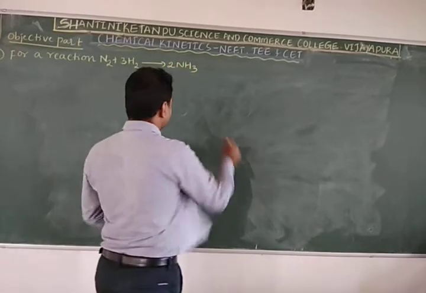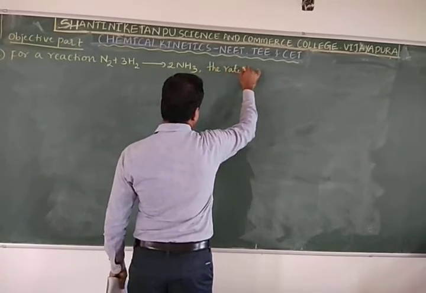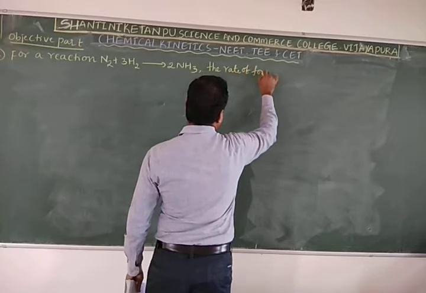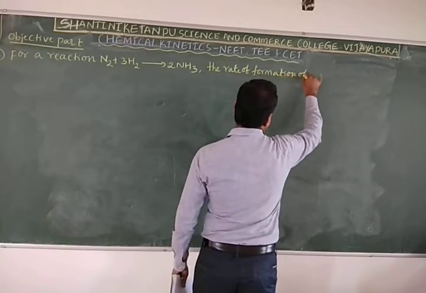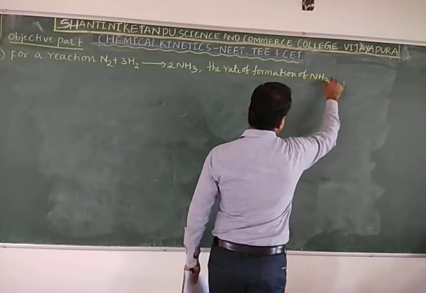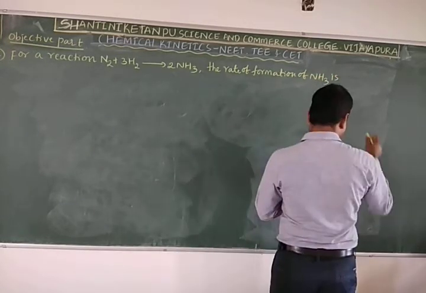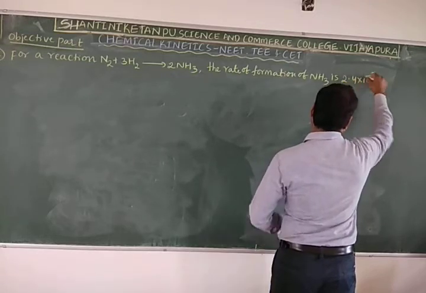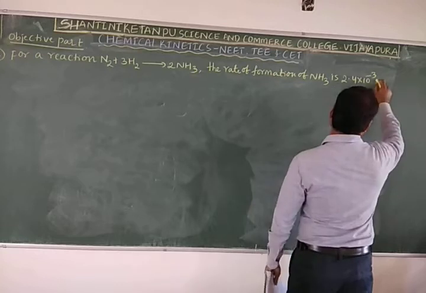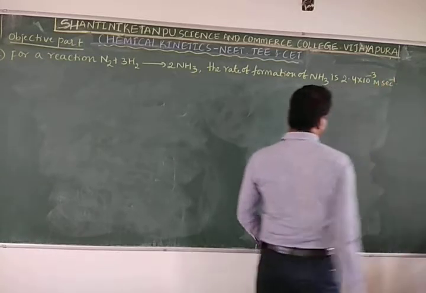The rate of formation of ammonia is given as 2.4 into 10 power minus 3 moles per liter per second.